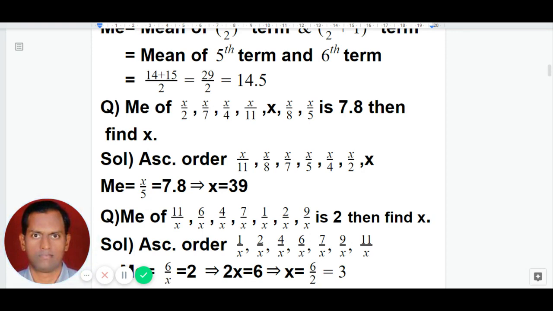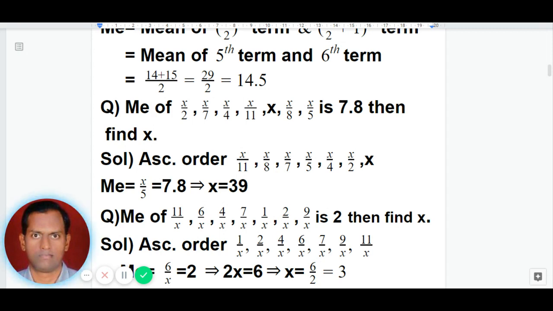Find the median of x by 2, x by 7, x by 4, x by 11, x by 8, x by 5 is 7.8. Then find x. Now we have to arrange the terms in ascending order. Because the numerator is the same, when the denominator increases, the value decreases.